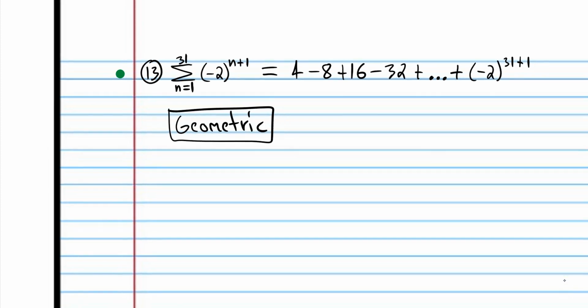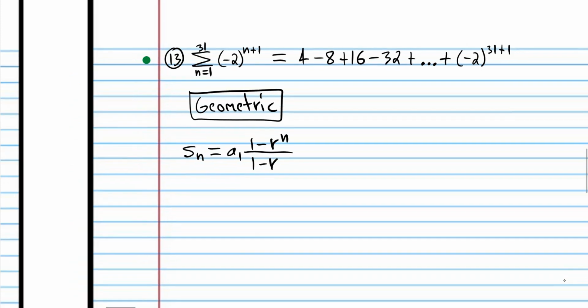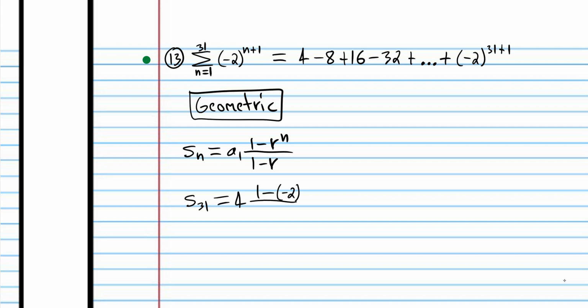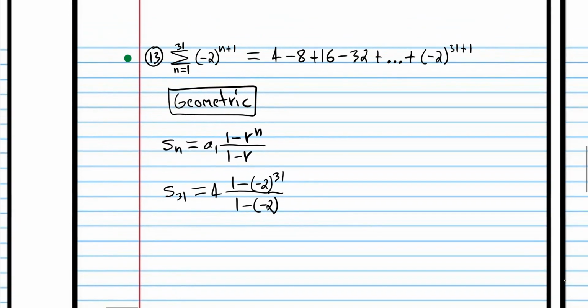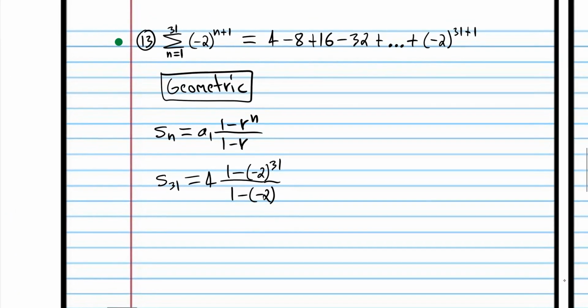So now we're going to use our sum formula for the first n terms of a geometric sequence. So n is 31, the first term is 4, the common ratio is negative 2, so 1 minus negative 2, and let's double check, make sure we got all that right.